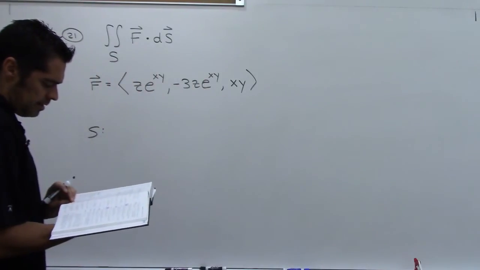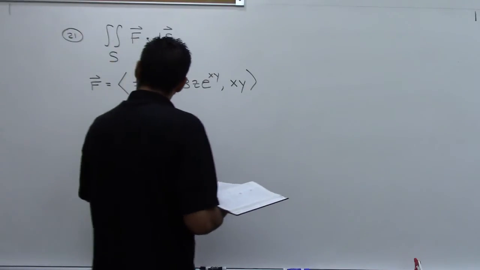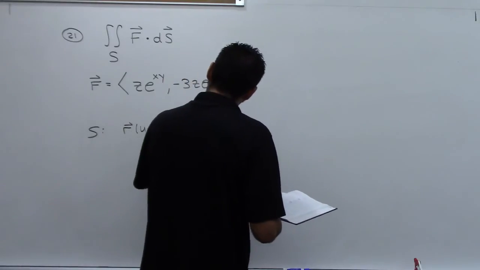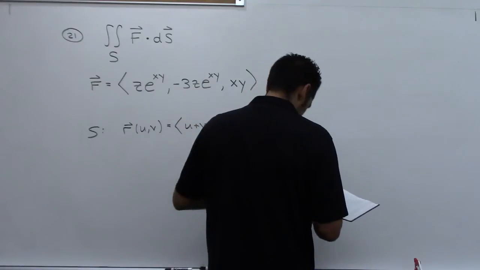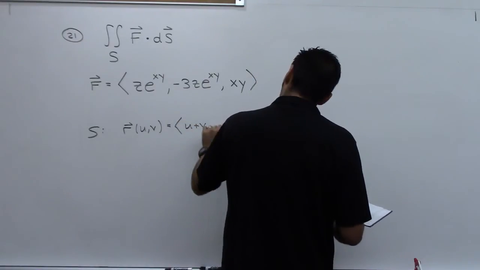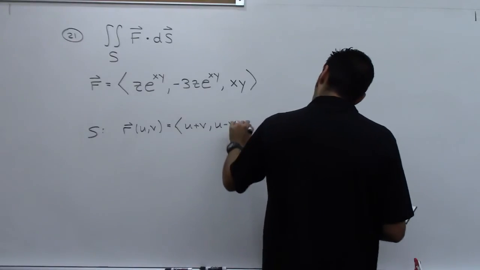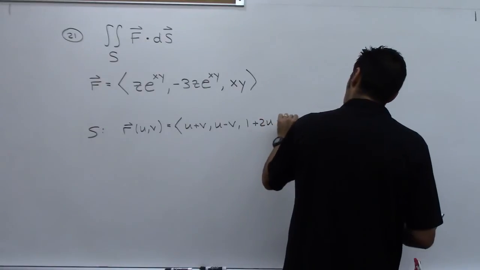So exercise 5, I did that earlier. It was this: R of uv is u plus v, and then u minus v, and then z was 1 plus 2u plus v.